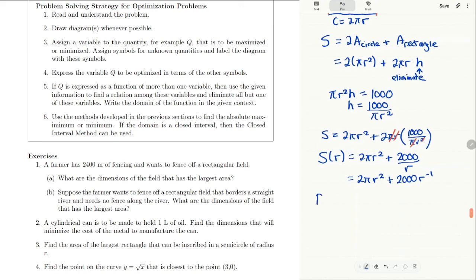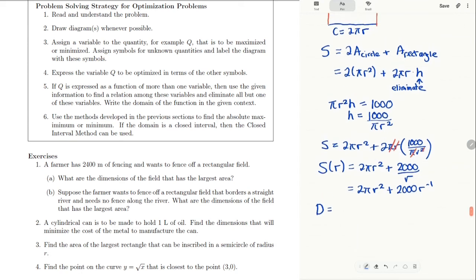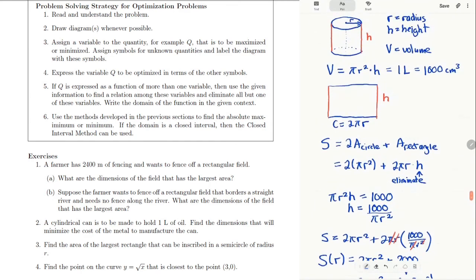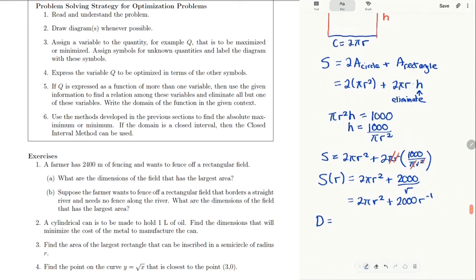Now let's consider the domain of this function. So r is the radius of the can. And since it is the radius of the can, it can't be a negative value. So it has to at least start from 0. Now if we look at our function, the radius can't be 0 because it would be undefined at 0.